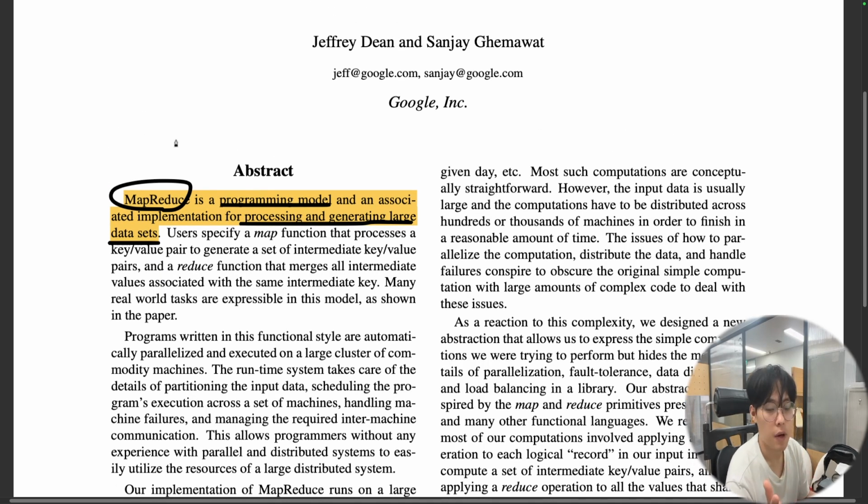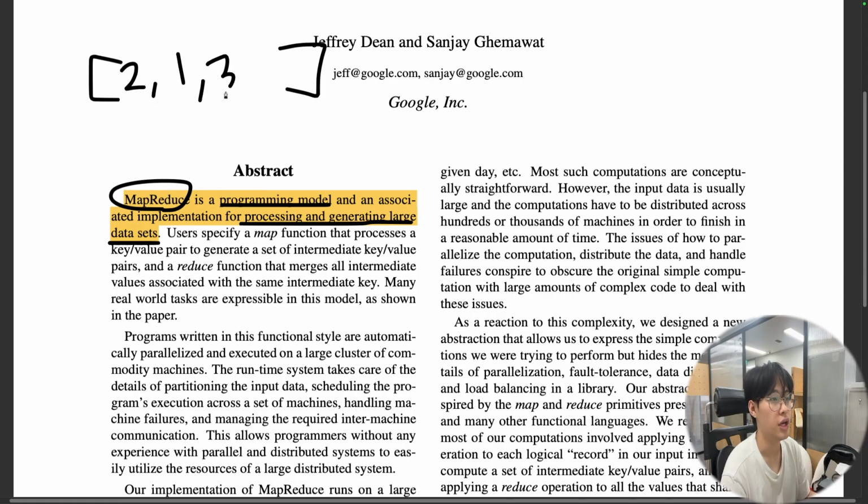When we think about map, if you're a front-end engineer, you have experience with map. There's an array with a bunch of elements, for example 2, 1, 3, and 4.